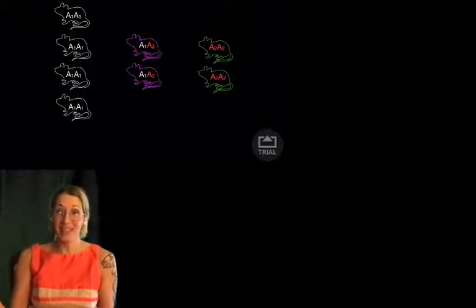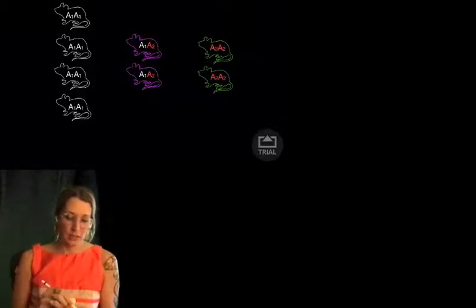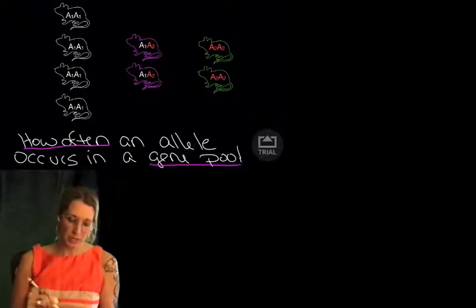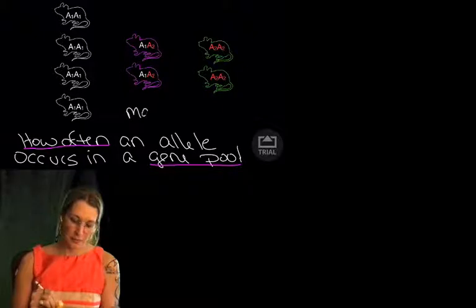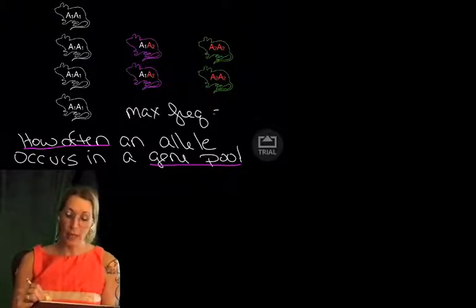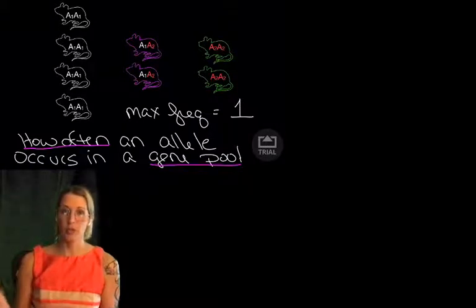The maximum frequency of any allele, the maximum frequency that we're ever going to get to, is 100%. So everything we do is out of 1 or 100%.